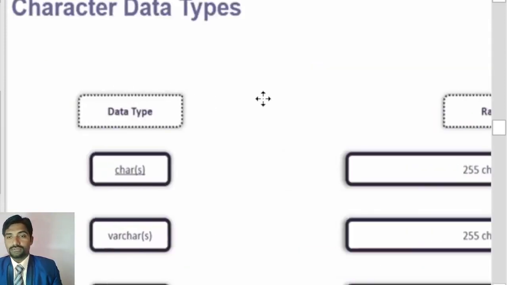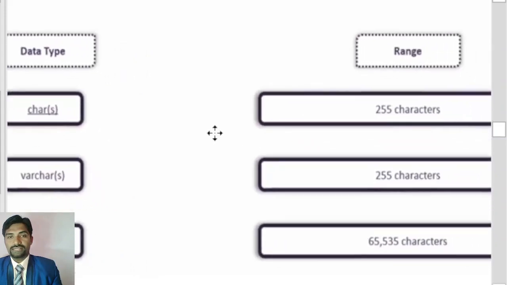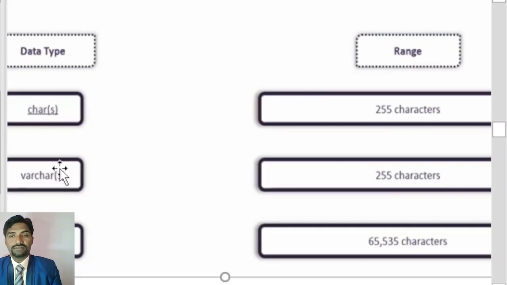Usually we categorize them in three. One is the character data types. The character data types and their ranges are mentioned in this location. Just look at char, varchar and text. For char, the range is 255 characters. Char and varchar have a major difference. Varchar means variable length.